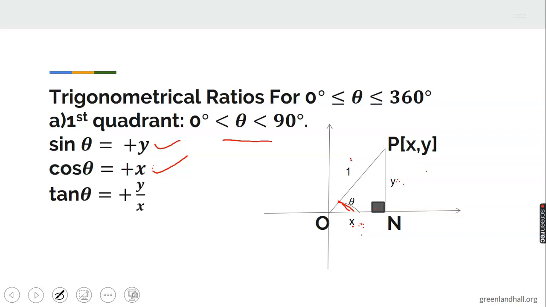So we have plus y over plus x, which is plus y over x. So tangent is positive. It means that all of them are positive here. We use A, the first quadrant, for all. Sine is positive, cosine is positive, and tangent is positive.